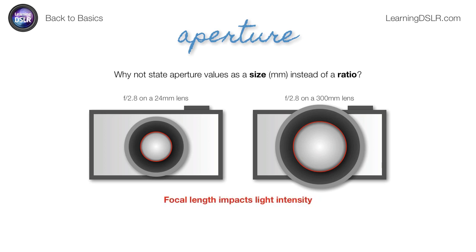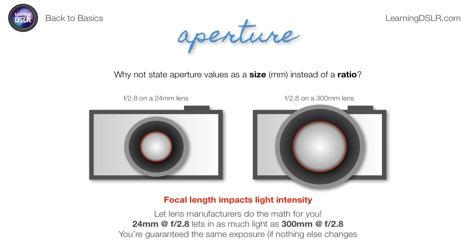So focal length, the zoom level, actually impacts light intensity. And so what you really need to do is just trust that the lens manufacturers have got this right for you. They've calibrated these so that you've got consistency across all manufacturers and all lens focal lengths, so that if everything else were to stay the same, you're guaranteed the same exposure.